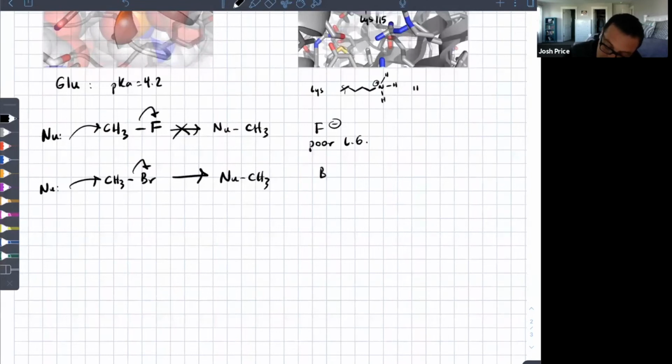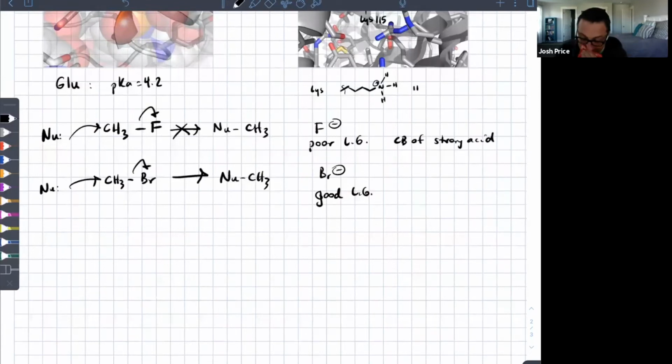And that is because Br minus is a good leaving group. What makes a good leaving group good? Well, a good leaving group is the conjugate base of a strong acid, because that's what makes the strong acid strong. HF has a pKa of 3.2, HBr has a pKa of -9.